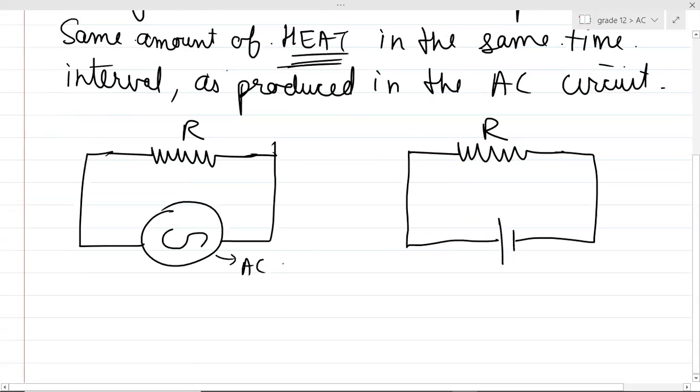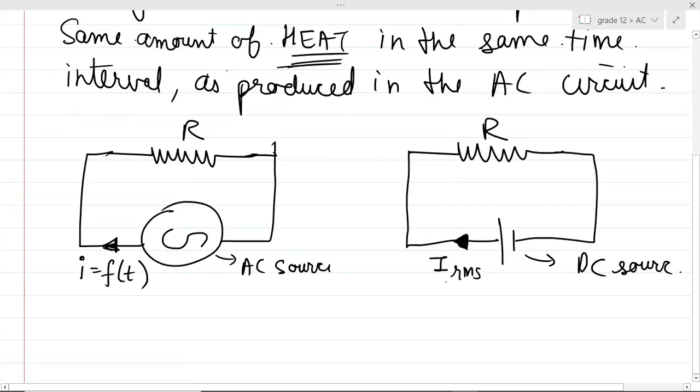Everyone is able to see an AC source over here, and a DC source over here. In the case of an alternating current source, a current will go as a function of time, whereas in this case whatever current will go is basically the DC current, and that is basically called the RMS current.